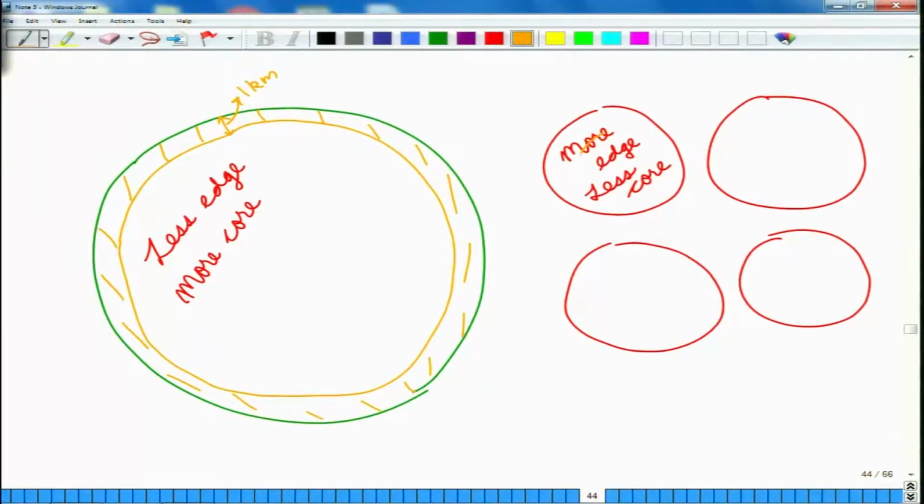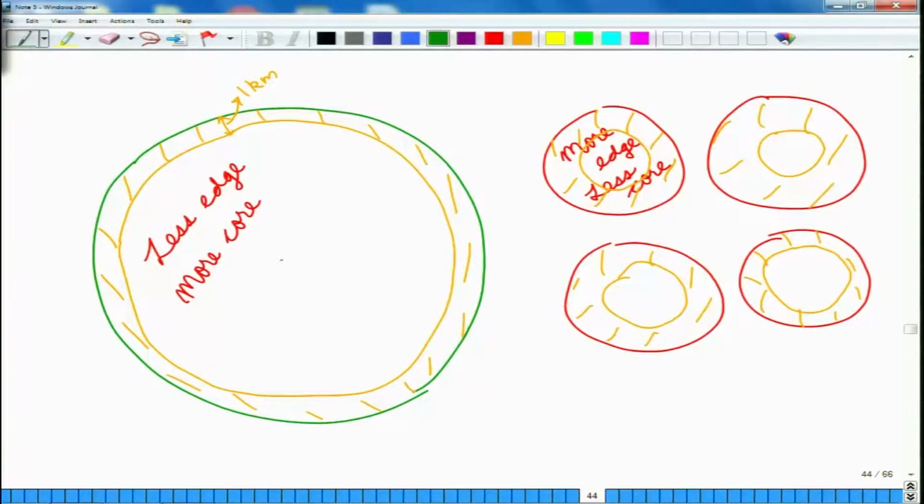Now, in these areas we have this much portion that is the edge, and this much area which is the core. So, the total amount of core that is available here is much more than the amount of core that is available in these smaller areas.